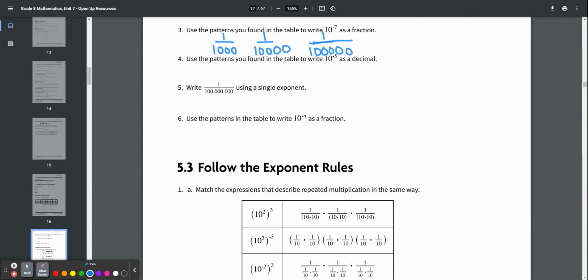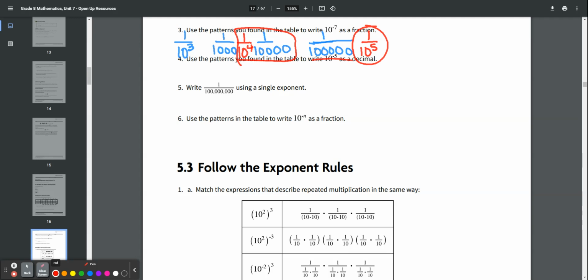Well, what we can recognize is that each of these fractions was the result of taking the previous number and dividing it by 10 to the third. This next number right here would be the same thing as 1 divided by 10 to the fourth power. And then 1 divided by 10 to the fifth power.